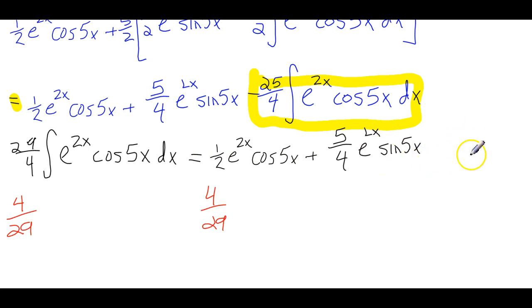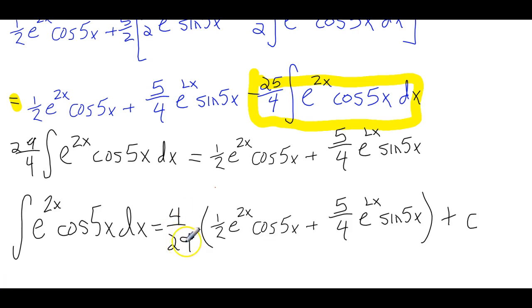I just got to remember to put the plus c on the end. So I'm going to multiply both sides by 4/29 to get this isolated and back to the way we started. So if I multiply by 4/29 on the left-hand side, there's our 4/29 times this stuff. I've added the plus c now since we've isolated this.